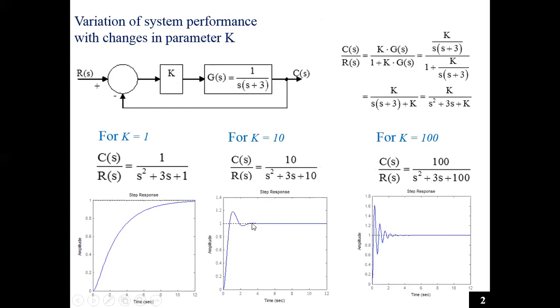The response gets its value at approximately 4 seconds. And if we further increase the value of K, the response has ripples in the transient response, and again it has fast transient response. So we can see that by varying the system parameter K, we can change the nature of transient response.